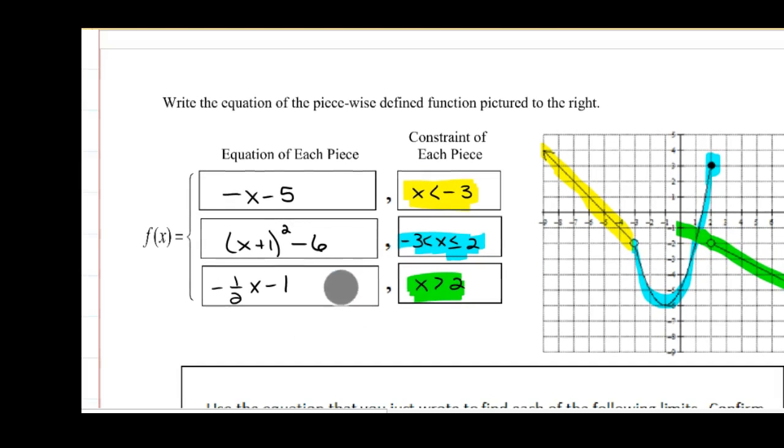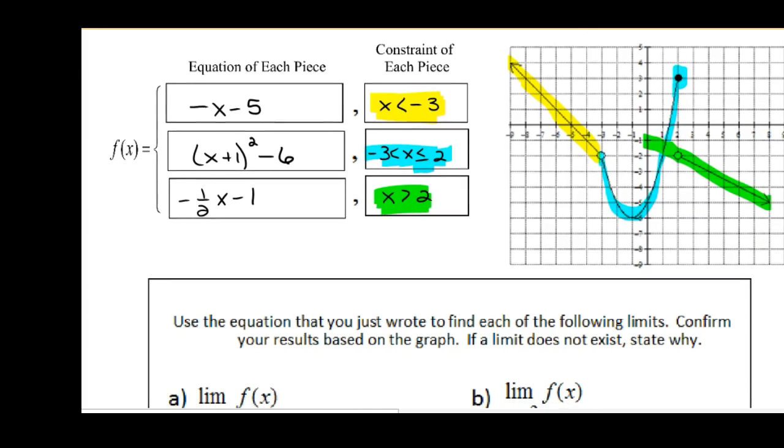When I want to find a limit, I need to pay close attention with a piecewise defined function to which side I am approaching from. The side I'm approaching from will determine which function I evaluate. If I were finding the limit as x approached, say, -5, well, -5 fits this rule. -5 is less than -3.